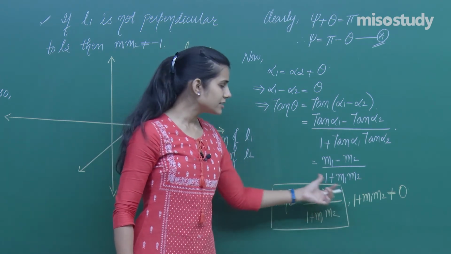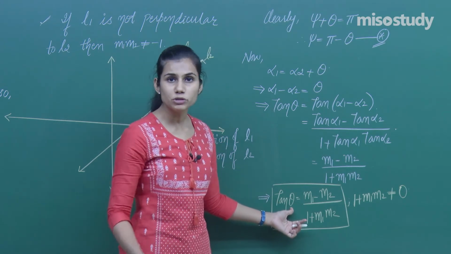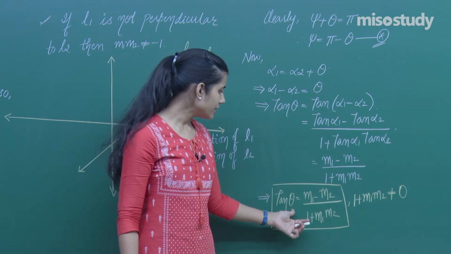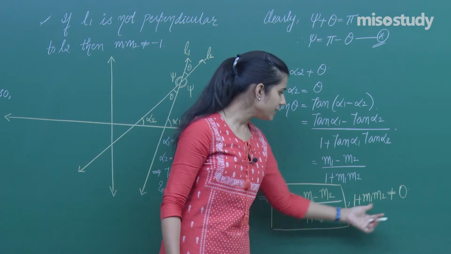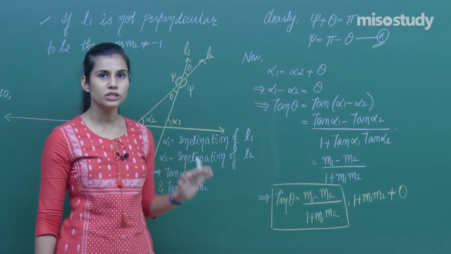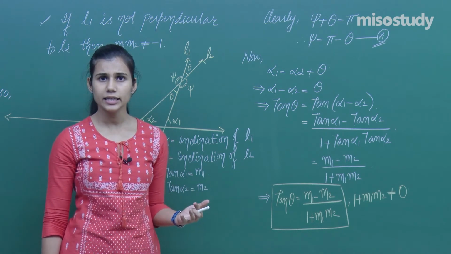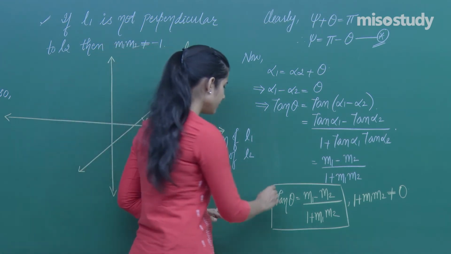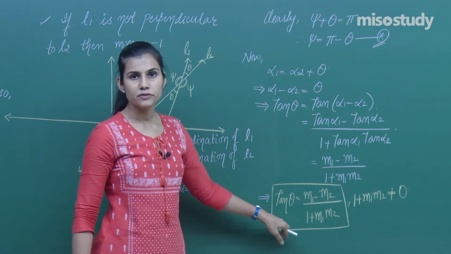But one thing is sure, this is never going to be undefined, because the denominator is not 0, since m1 into m2 is not equal to minus 1, because L1 is not perpendicular to L2.